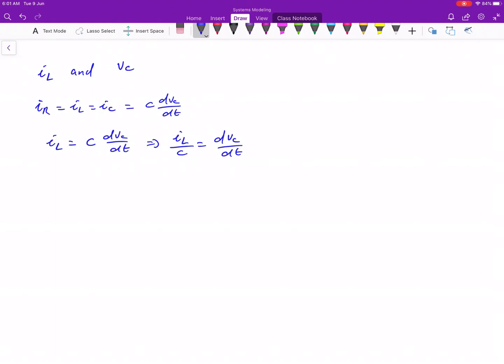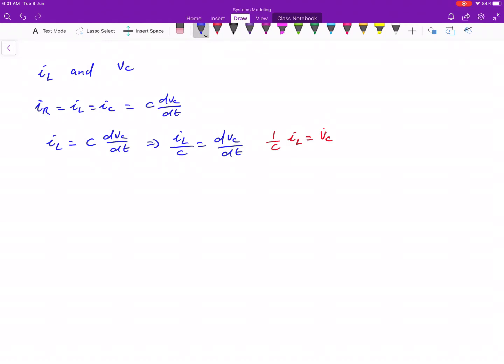And this is the format that we want. We can also write this as 1 over C times our state variable IL is equal to Vc dot. That part is done.